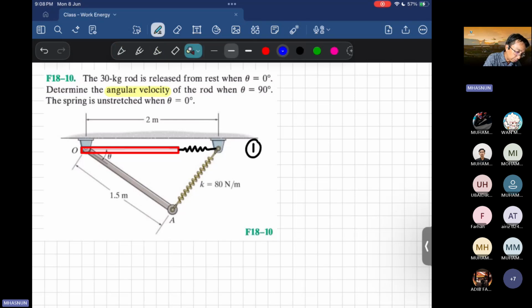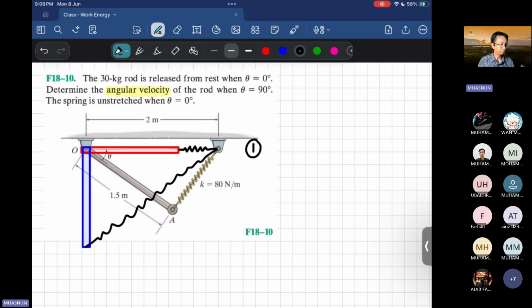So now the rod has gone here. 90 degrees, meaning that the rod has gone there. And what happens to the spring is that it is going to have an elongation like this. So this is our second position. That is what we do first.